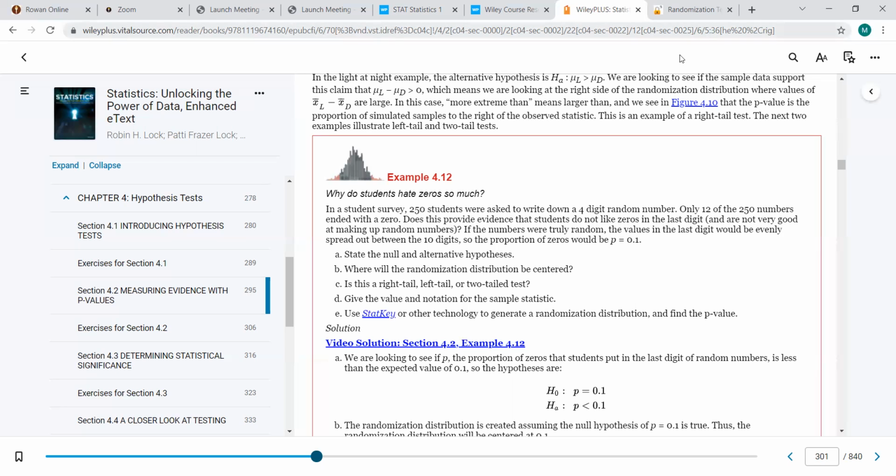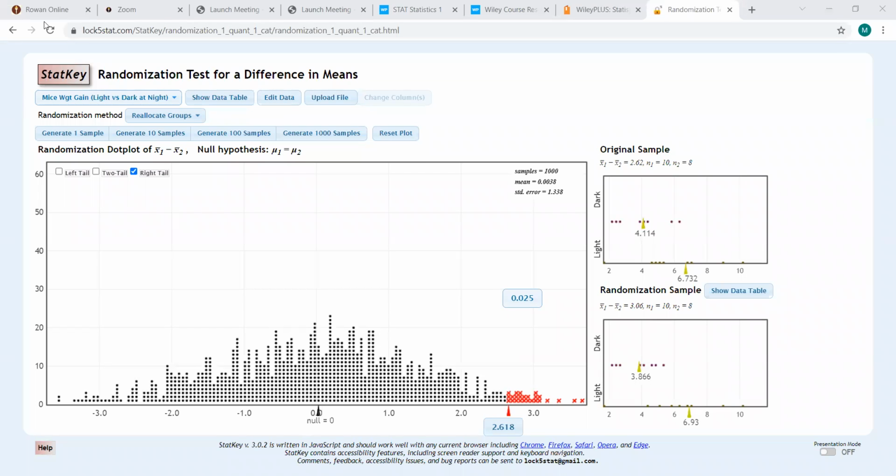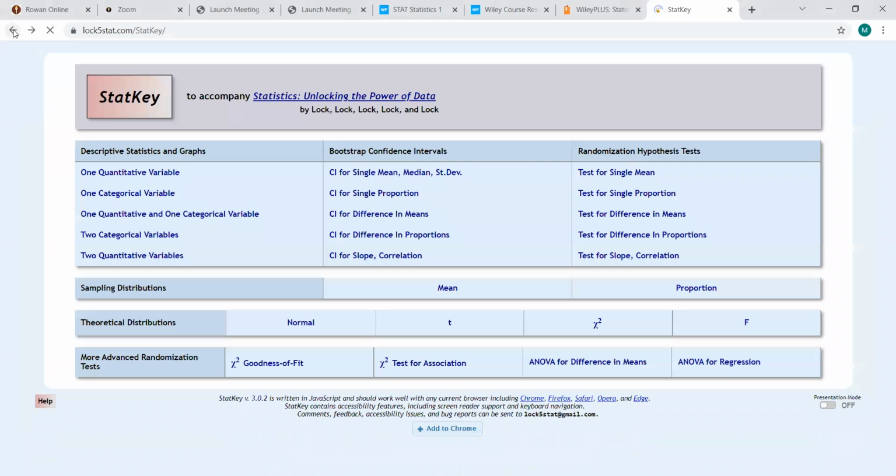So we're actually going to go to StatKey to look at this. StatKey is being used here just as a way of simulating what they're talking about. They're not actually dealing with real cases. This last section here is called randomization hypothesis test, and this is what we're using to do our simulations.